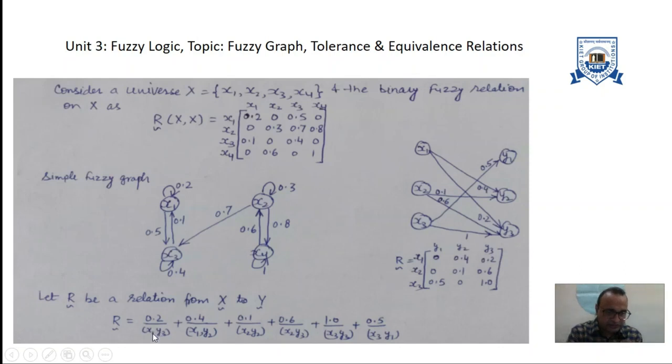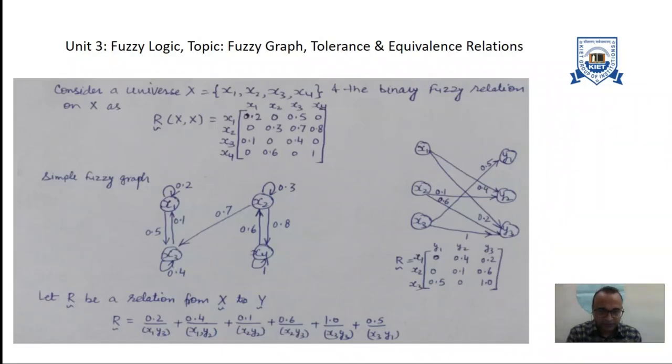There is a relationship of x1 with y3 with the membership value of 0.2. Similarly, x1 is related to y2 with the membership value 0.4, and the rest of the ordered pairs which are not mentioned in this relation are not related to each other at all.